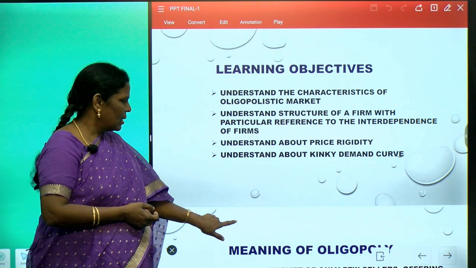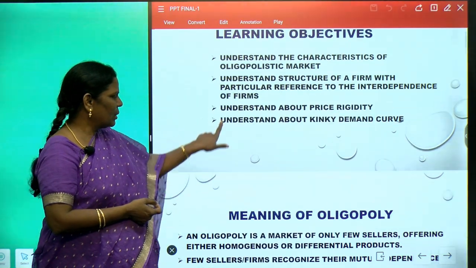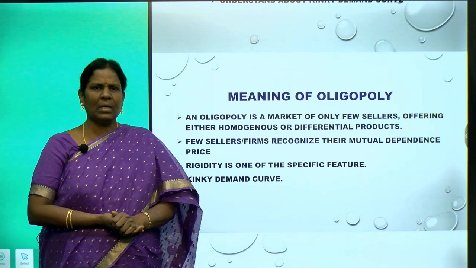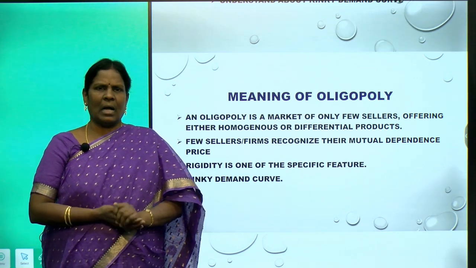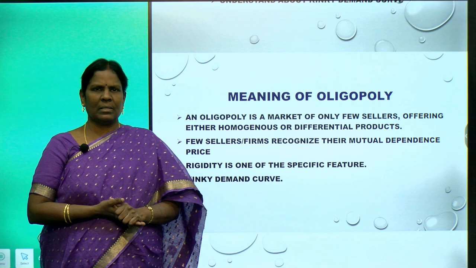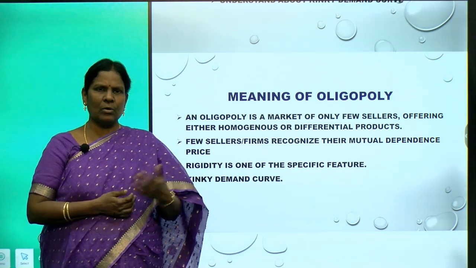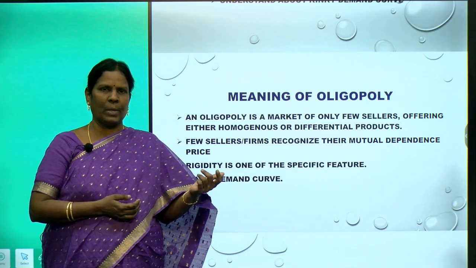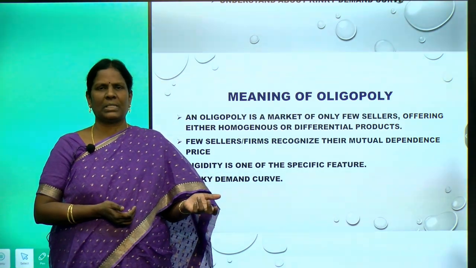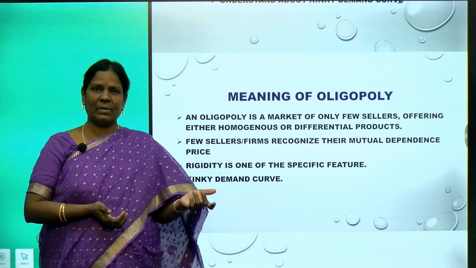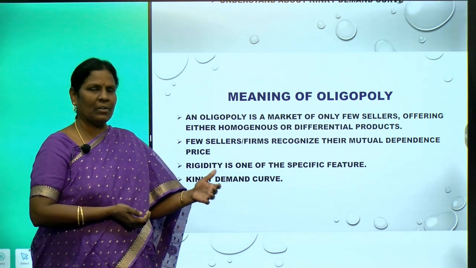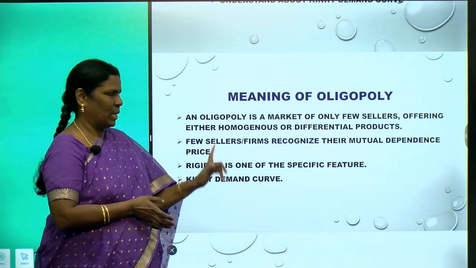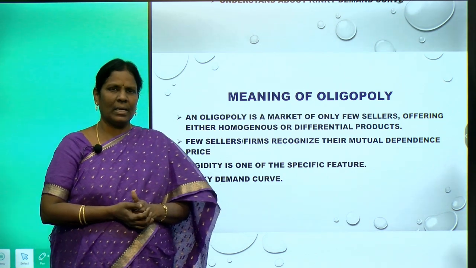Coming to the meaning of oligopoly. Under imperfect competition, you know very well there are many market types. First is monopoly, second is monopolistic competition, third is oligopoly, and fourth is duopoly. Our concept is oligopoly. So what is oligopoly?